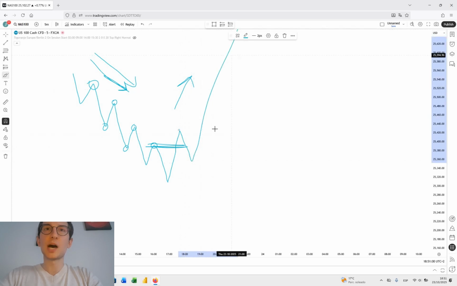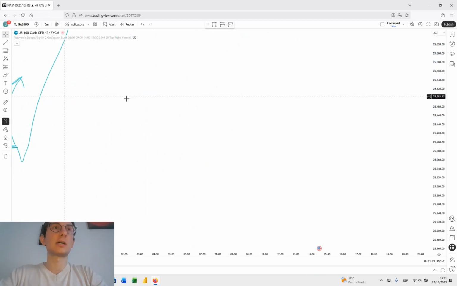We go up, and boom, bull run. Break of structure means that we close above the latest lower high, and then we have the potential to go into the bullish structure.